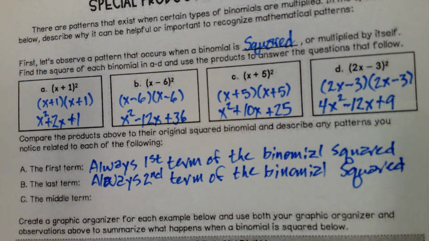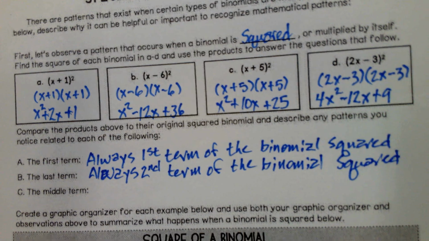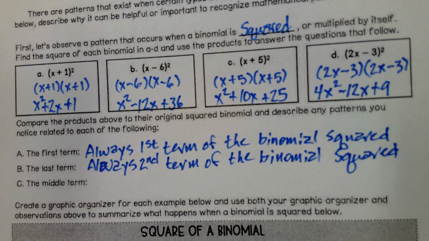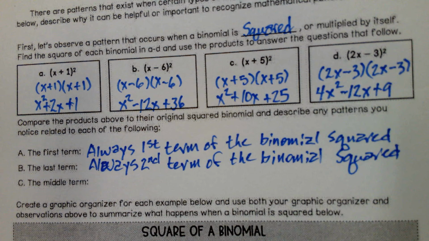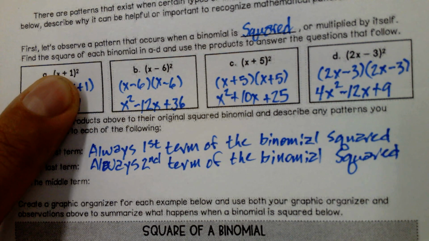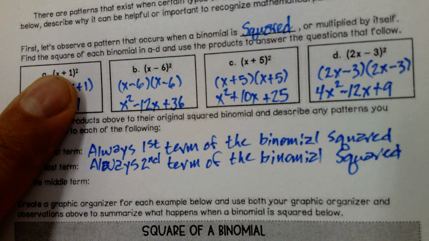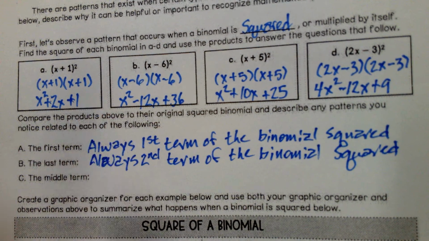Those are the relatively obvious ones to see. Okay? You can see that you square the first term, that's the beginning of your answer. You square the second term of the binomial, that's the last part of the answer.